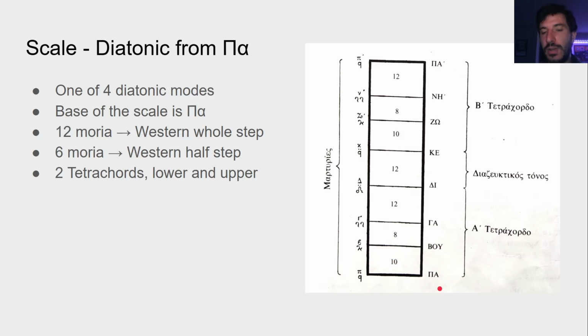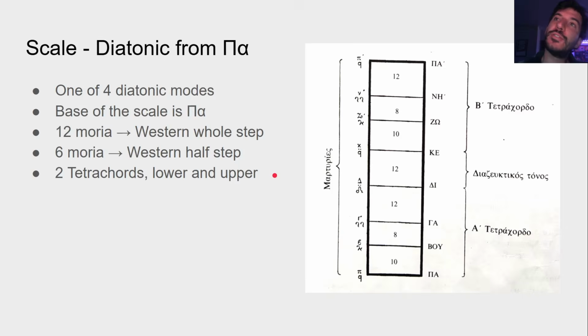Now if we were on pa, and we started on this pa for first tone: pa vu ga di ke zo ni pa, ni zo ke ni ga vu pa. So that's our scale for first tone.